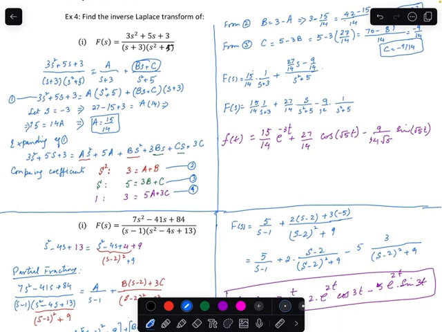Because we are taking the uppercase letters here, we just continue with A, B, C, D, whatever. So we start by writing our factors like this, and then perform the usual procedure, multiply by the common denominator, and we get this equation 1 here.